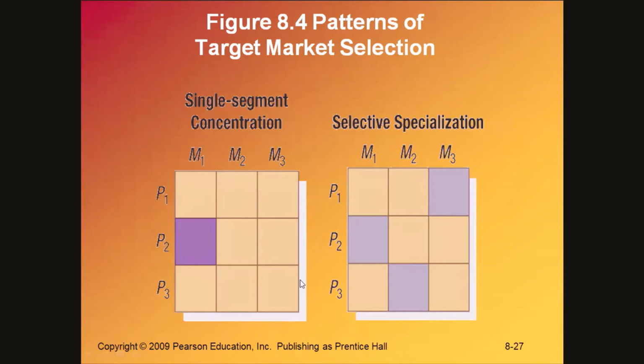In this matrix, you can see that this shaded area represents one kind of targeting strategy. This type of targeting strategy is known as single segment concentration. Here we have concentrated on a single segment, that is segment M1, and segment M1 is served by the product P2.